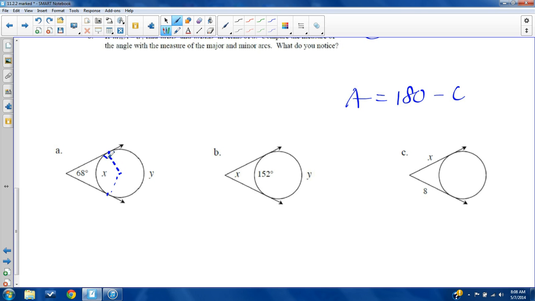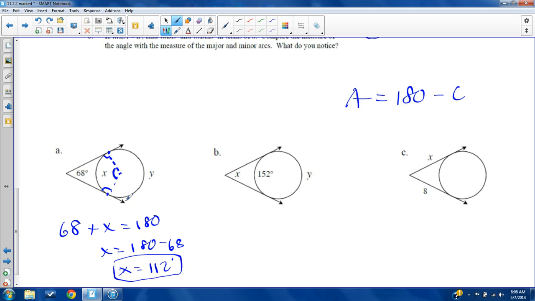Now we know these are both 90 degrees. If these are both 90 and all this adds up to 360, this plus this is 180, so this plus this also must equal 180, this right here, this unknown. We can even call that x. 68 plus x equals 180, so x equals 180 minus 68, which equals 112.